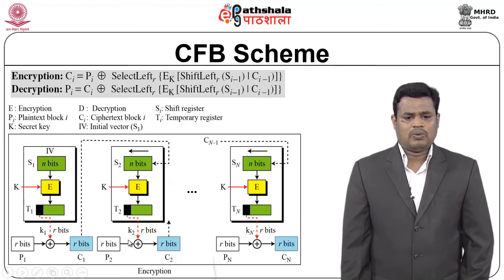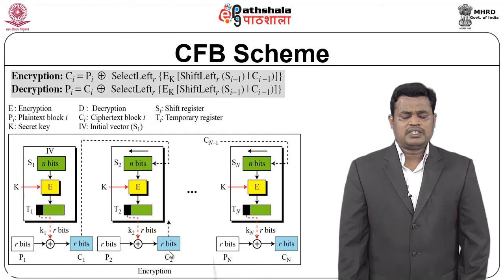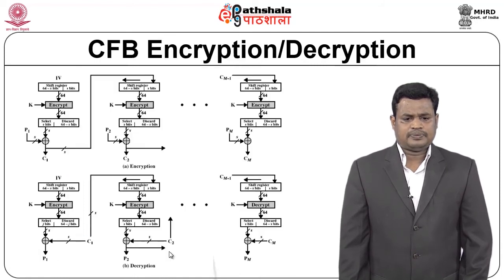This is what you get as the new input. It is taking the feedback, not the entire previous ciphertext. So, this is the encryption and decryption process where a part of the feedback is taken as the input for the next process.